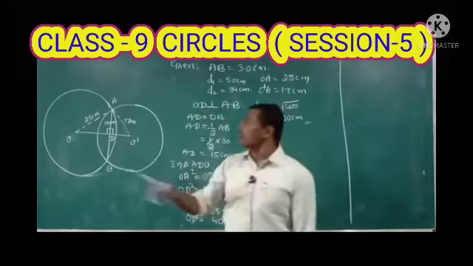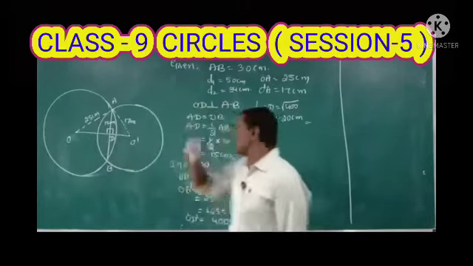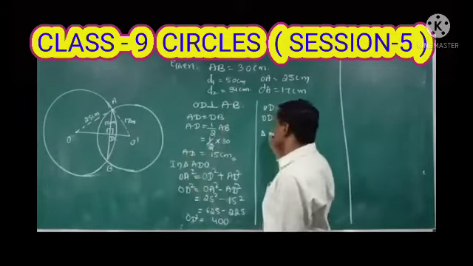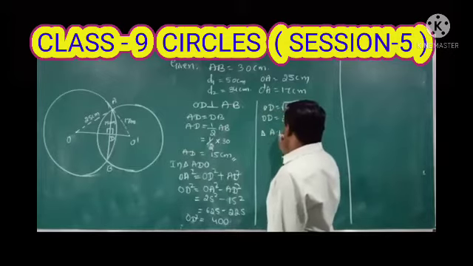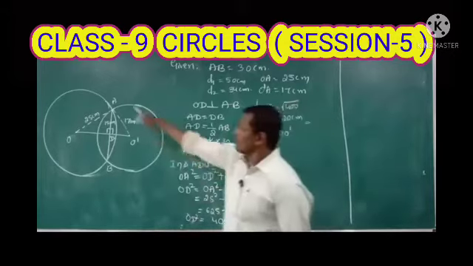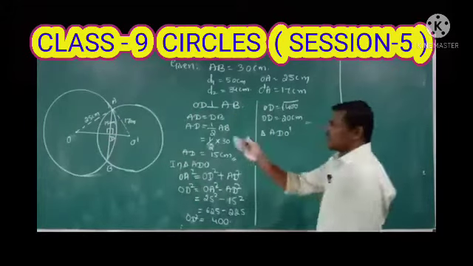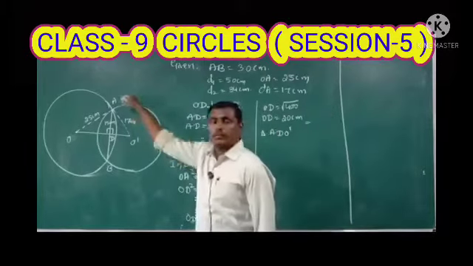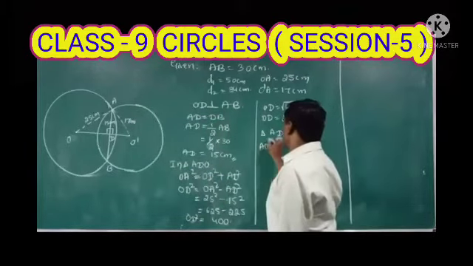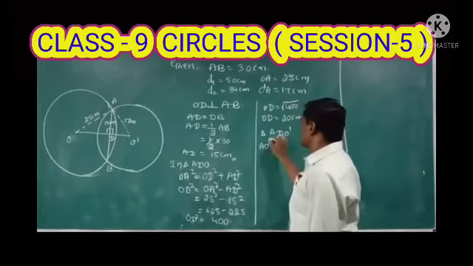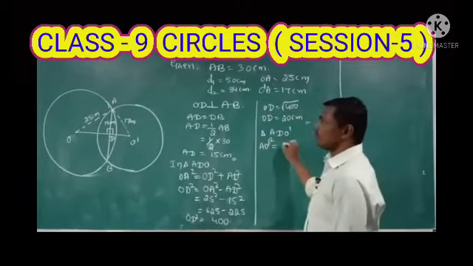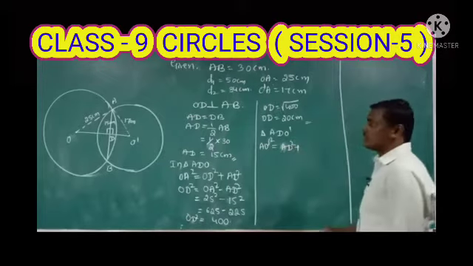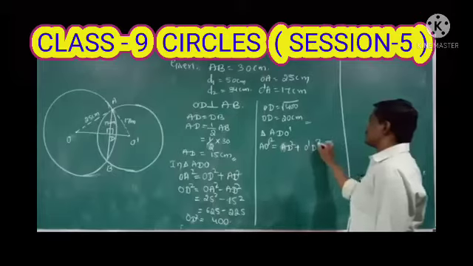But we need to find one more distance here, that is O dash D, by considering another right angle triangle. What is that second right angle triangle? A, D and O dash. In that again the right angle is D. So by applying the Pythagoras property, AO dash square is equal to AD square plus O dash D square.